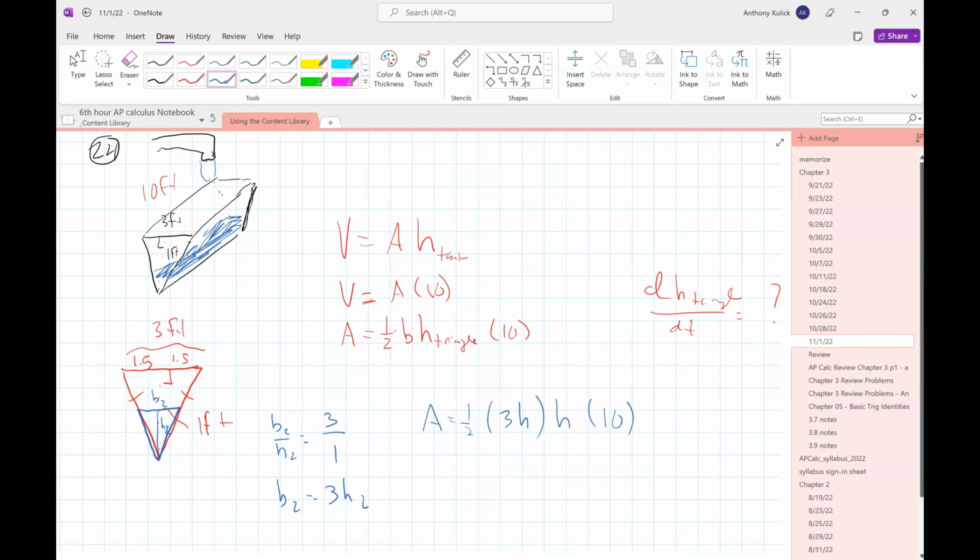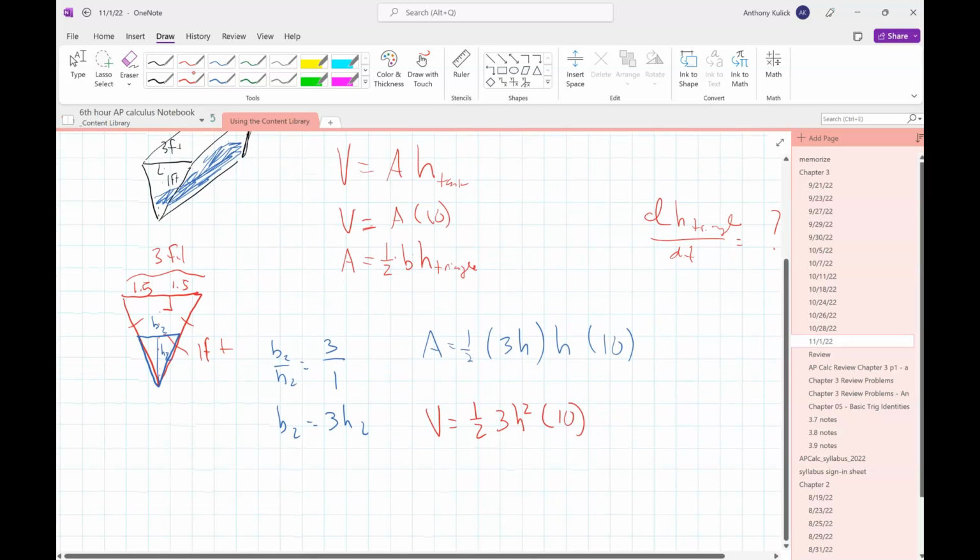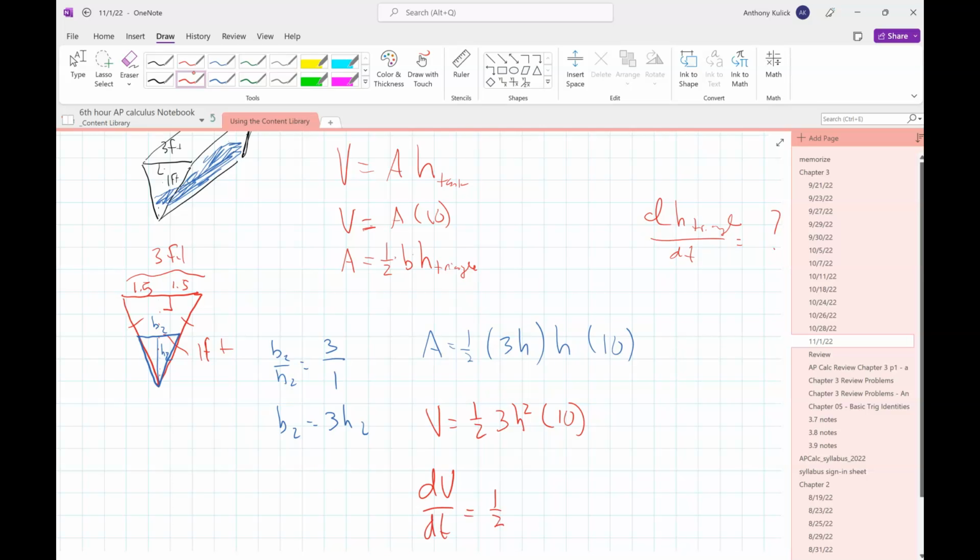So now I'm ready to differentiate. Oops, it's okay. So if I fill this in then, one thing, this wasn't supposed to be there because that was an area formula. So my volume then is 1/2 times 3h squared and then times 10. So dV/dt is going to equal 3/2, and then 2h dh/dt times 10.